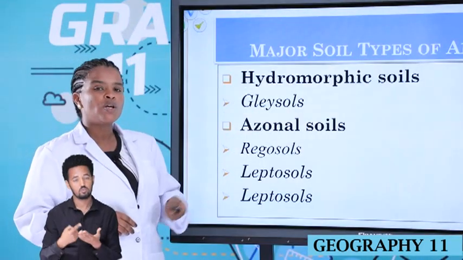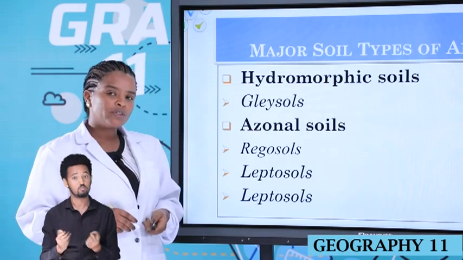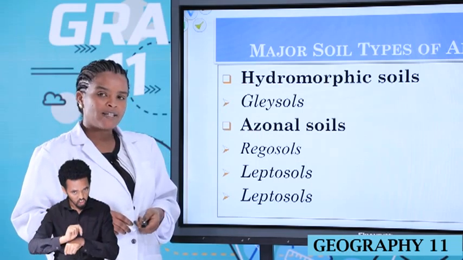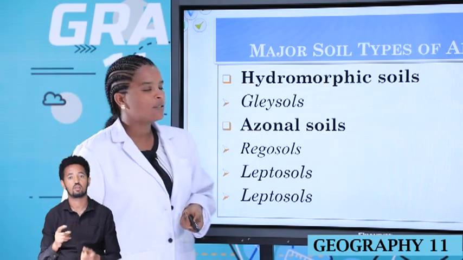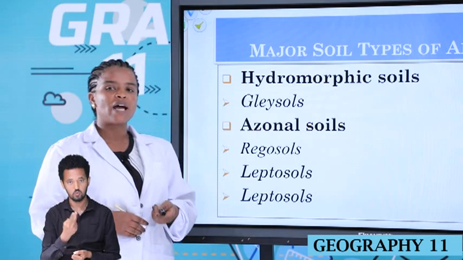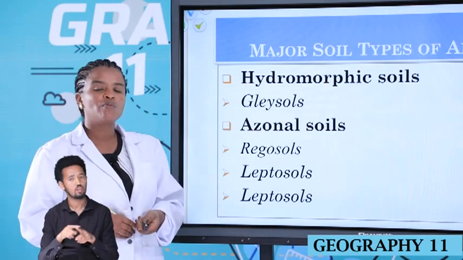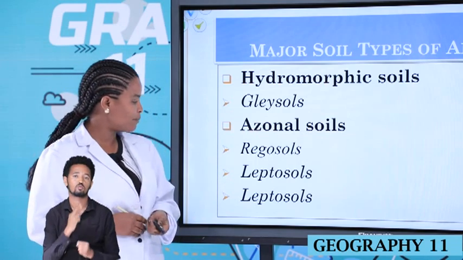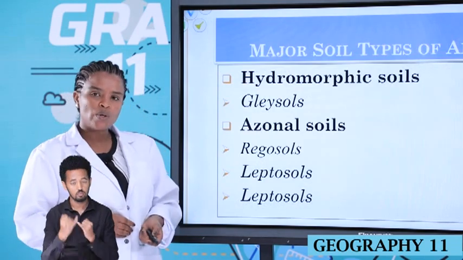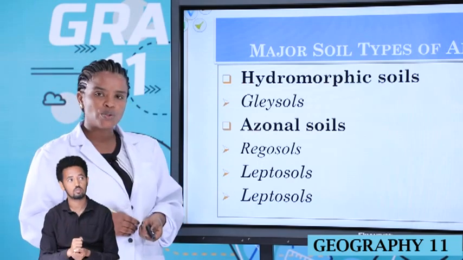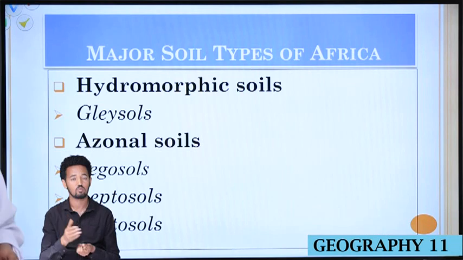This type of soil is mostly found in the Niger Volta, Congo Basin, and some parts of Angola. It is used for cultivation of rice, yam, sugarcane, and also vegetables. The last type is azonal soil. These are immature soils, not well developed, mostly used for grazing.